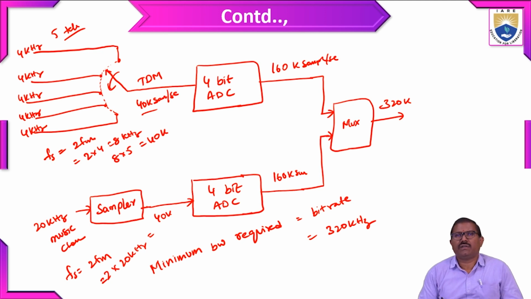So this 40 kilohertz sample frequency is applied to the 4 bit ADC. So 4 into 40 kilo gives 160 kilo. So these two 160 kilo samples are applied to the mux, the multiplexer. Okay. So finally we get 320 kilohertz. Okay. So this is the problem.